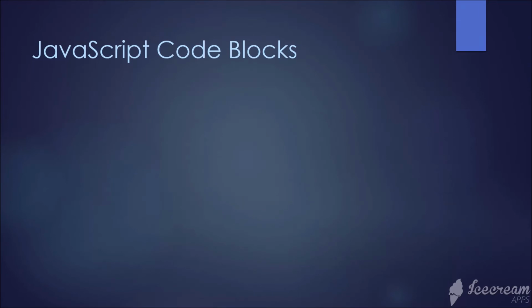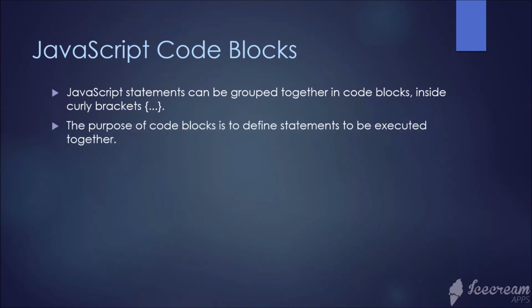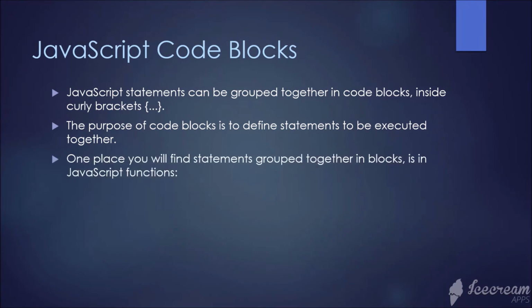Okay, next is JavaScript code blocks. JavaScript statements can be grouped together in a code block inside curly brackets. The purpose of code blocks is to define statements to be executed together. One place you will find statements grouped together in blocks is in JavaScript functions.